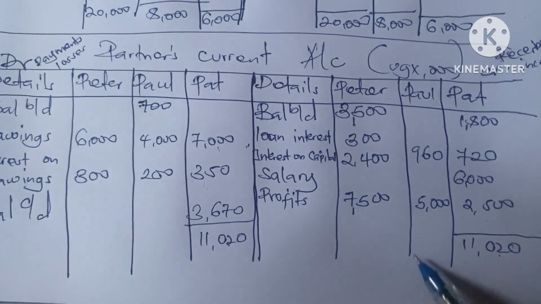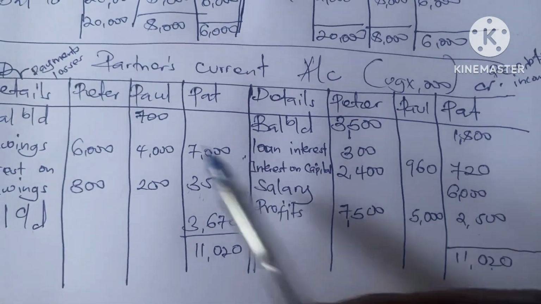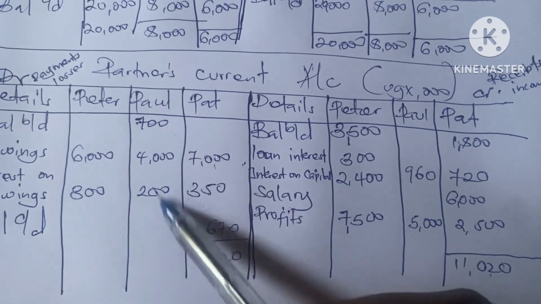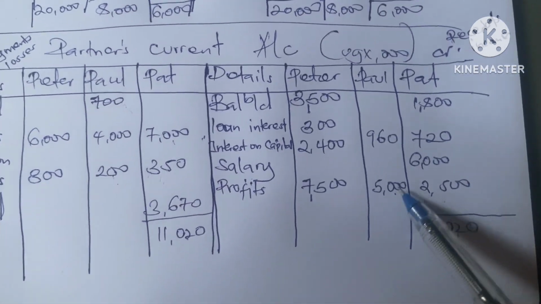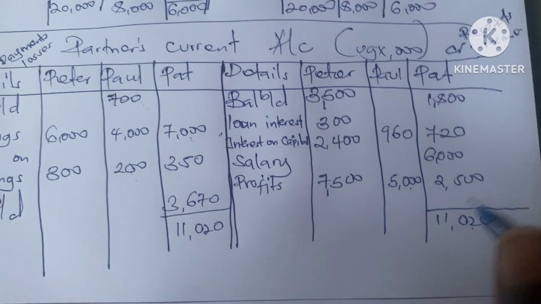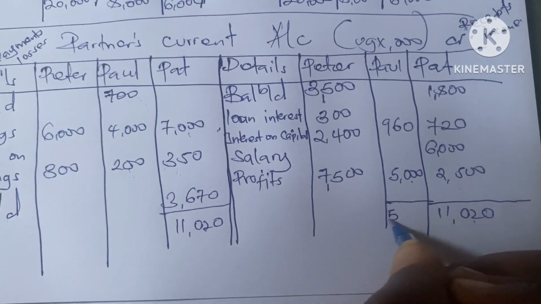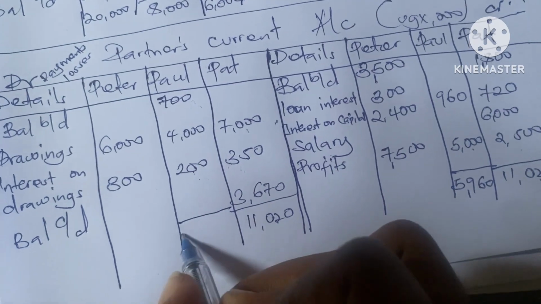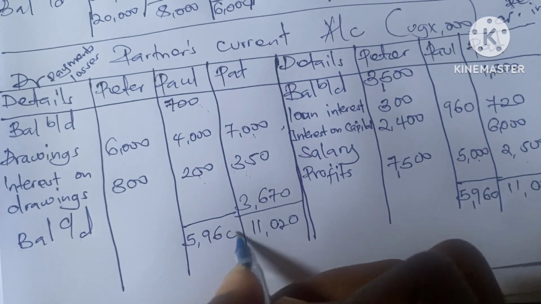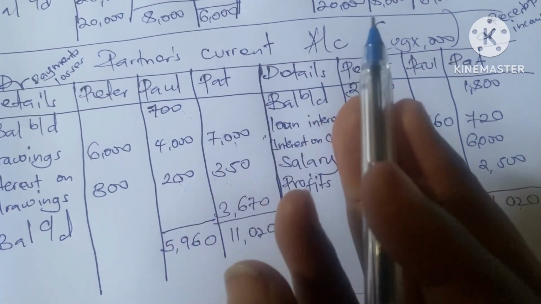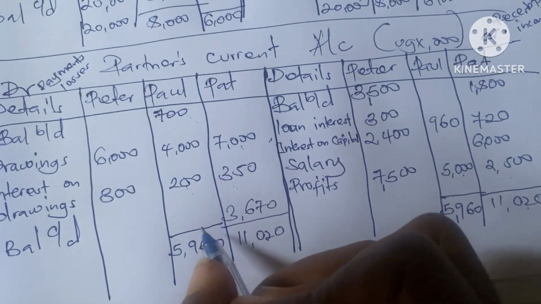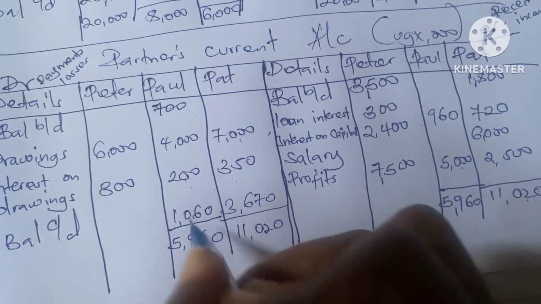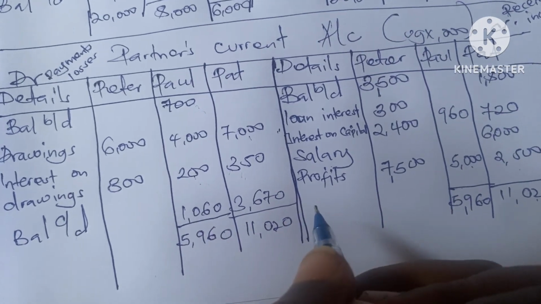Then you go to Paul's column, you compare this side. This is 4,900, and then this is 5,960, meaning this side is greater. So 5,960. So you put a bigger figure on both sides. So this minus that, what you get is 1,060 as the balance carried down.